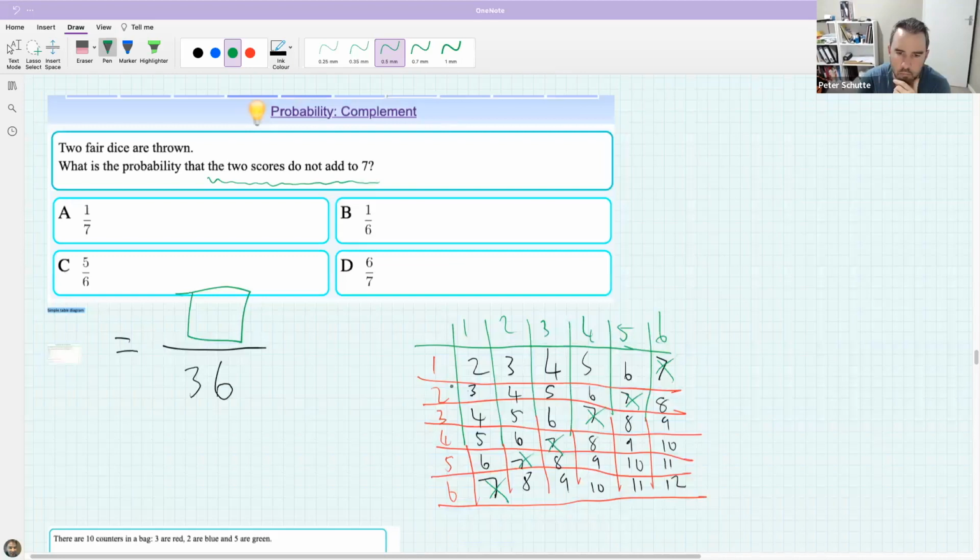Well, what's left over? You had 36, you got rid of 6 of them, so it's 30 out of 36. I think there's a 5 in 6 chance that you get a sum that does not add up to 7.